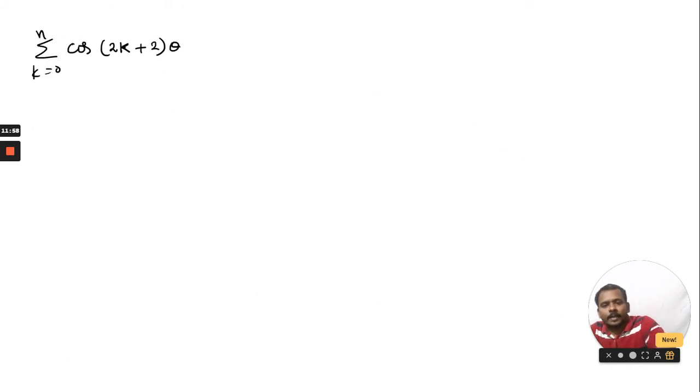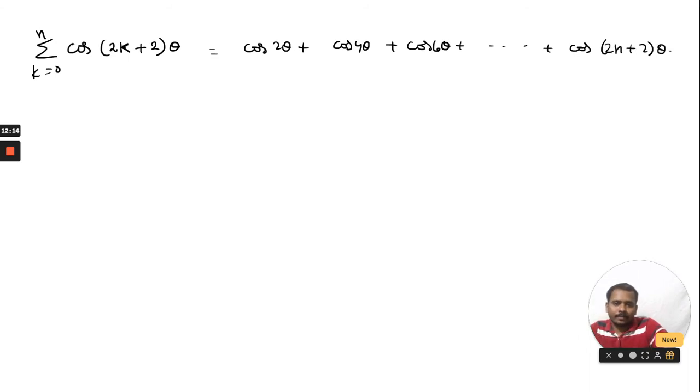On expanding this, you will have cos 2 theta plus cos 4 theta plus cos 6 theta and so on until we have n plus 1 terms, that is cos (2n plus 2) theta, right?